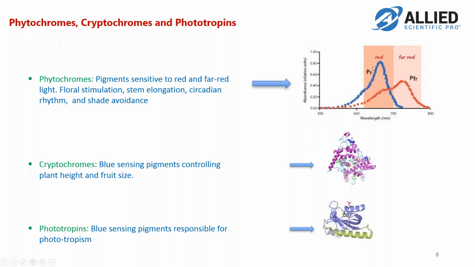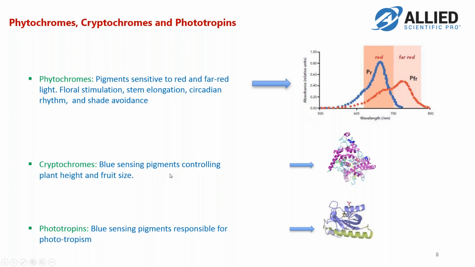PR absorbs red and turns into PFR. PR is actually the inactive form, and PFR is the active form. Then PFR either absorbs far red, or if it sits at night, it converts back into PR.